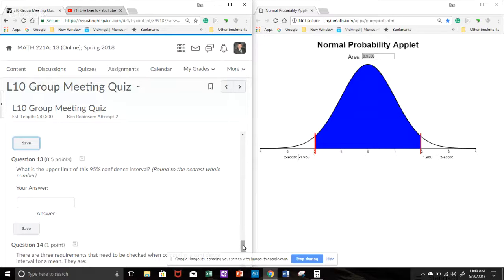Okay. What is the upper limit of the 95% confidence interval? So the upper limit will be adding the sample mean 100,000 plus the margin of error.